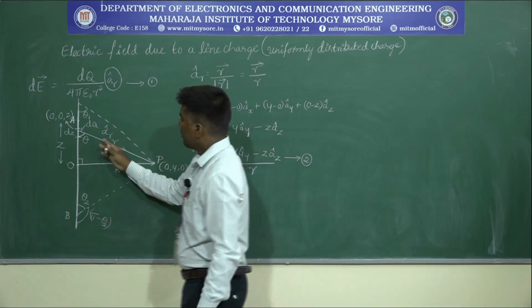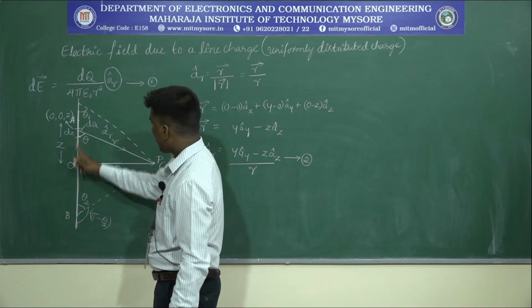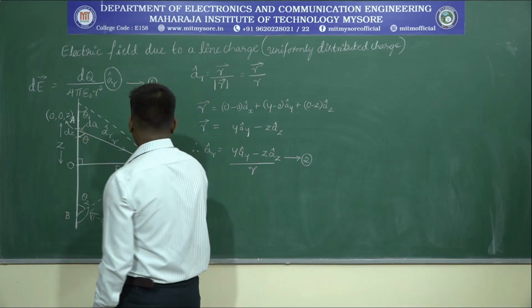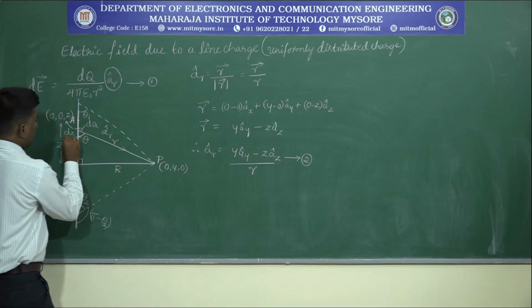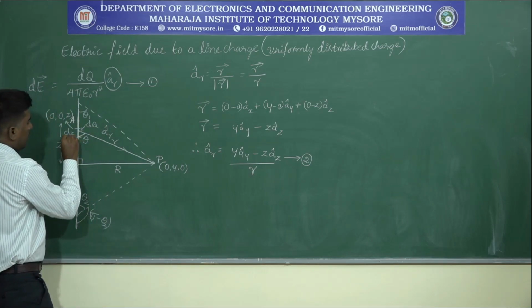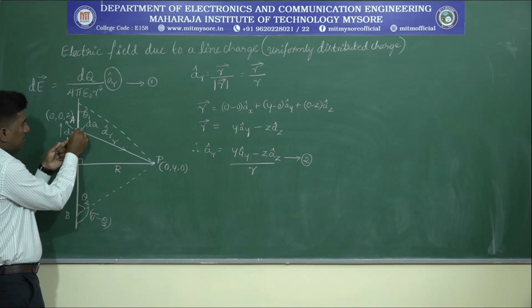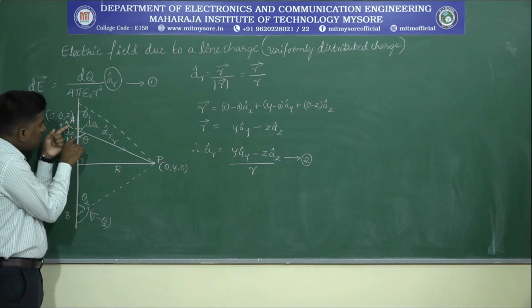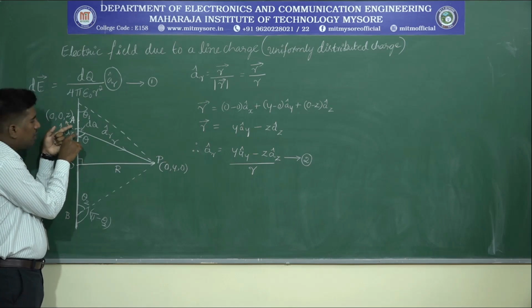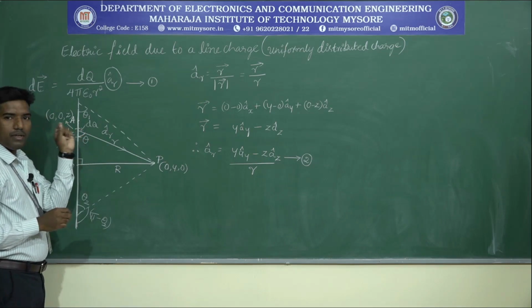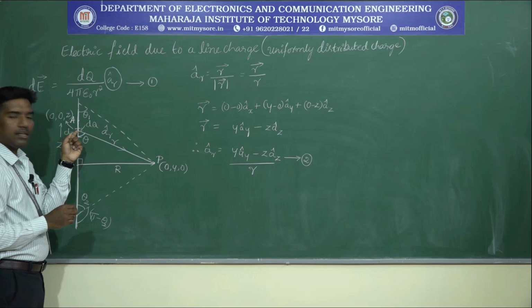See here, see the concept. This is the right angle. Consider the triangle. Let us consider the point of the elementary cross section as M, because this is an infinitesimally small distance, very, very small, therefore it will be considered as a point.